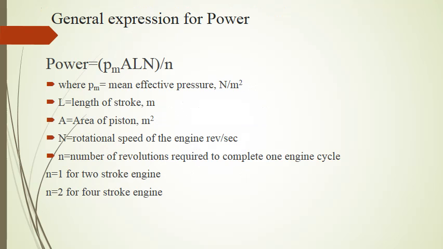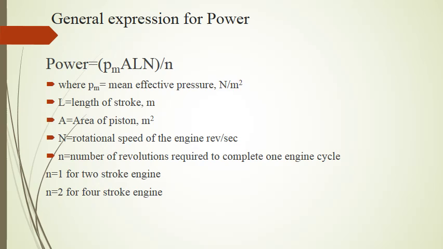pressures. Now, before going for the discussion for the comparison of 2-stroke and 4-stroke engines, I'd like to discuss the general expression for power, which is equal to Pm into A into L into N divided by small n.